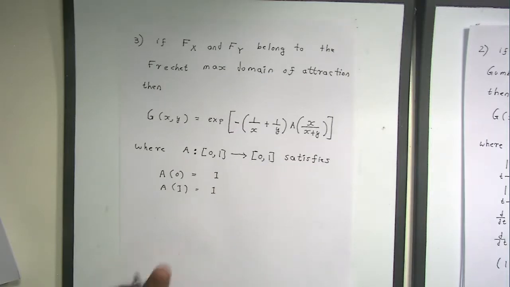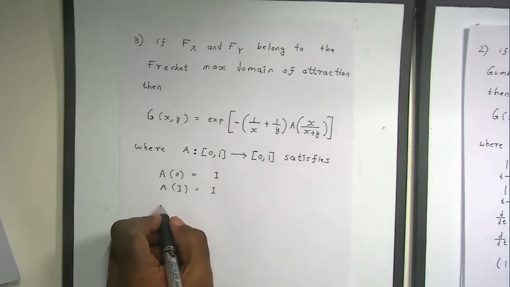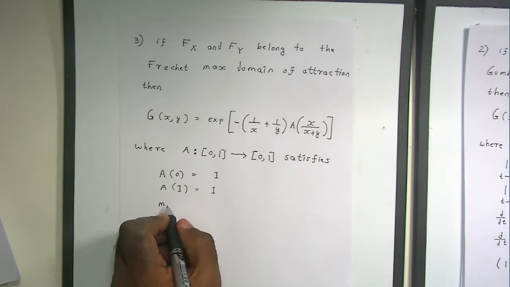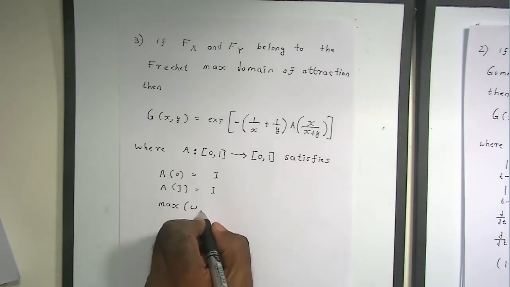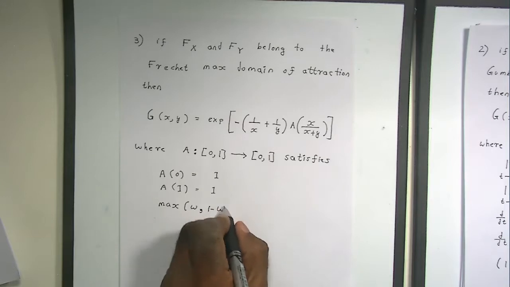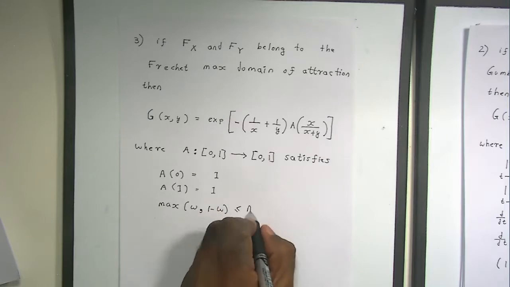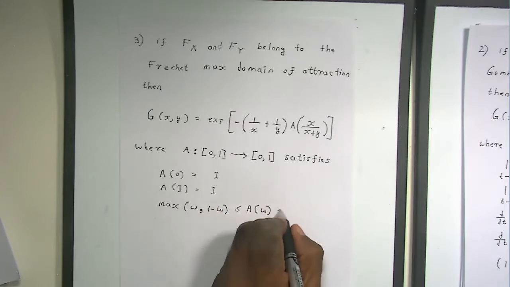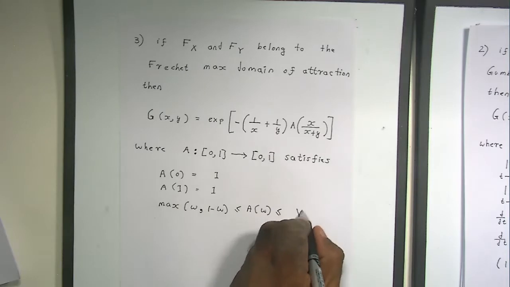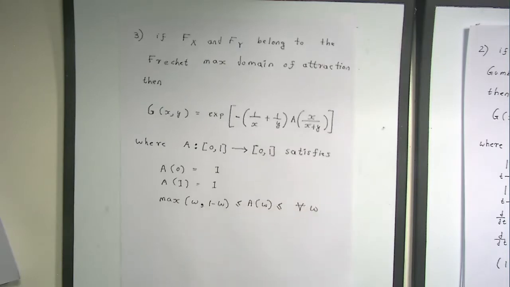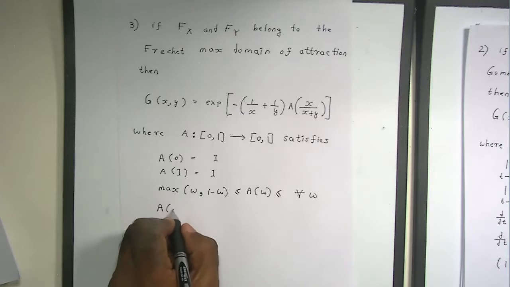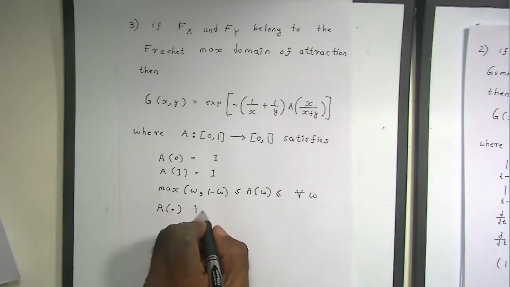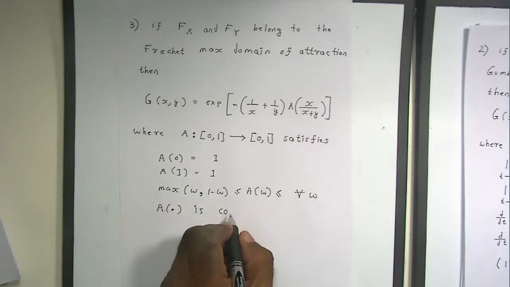The next condition is that for W, and the final condition is that A is convex.